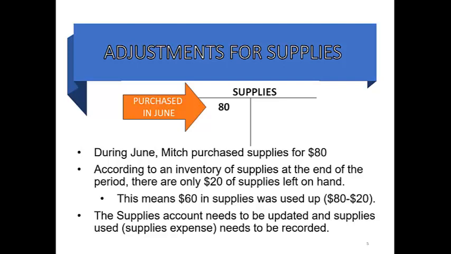So we need to do two things with our adjusting entry. We need to bring the supplies account down to 20, which is what we really have left on hand, and then we need to record the $60 in supplies that we used up. And we'll do that with a journal entry.